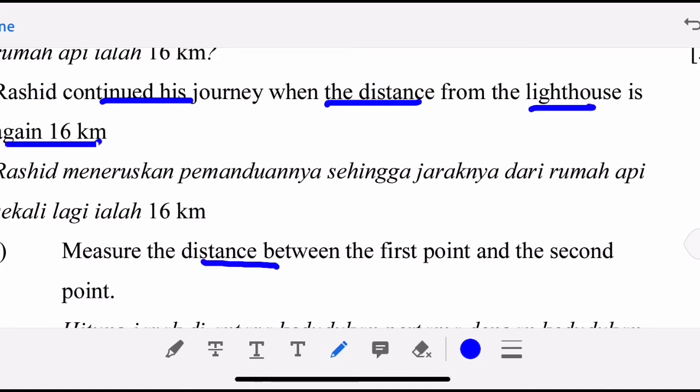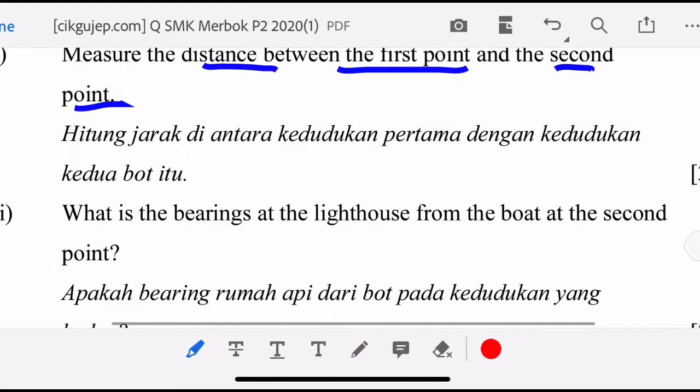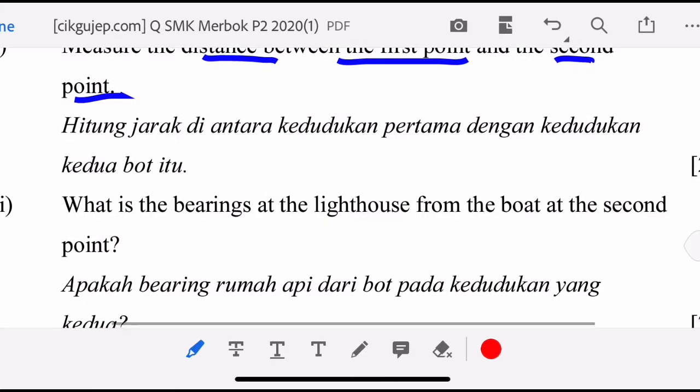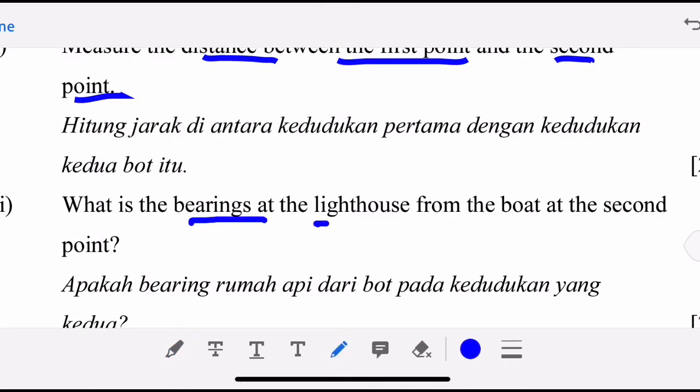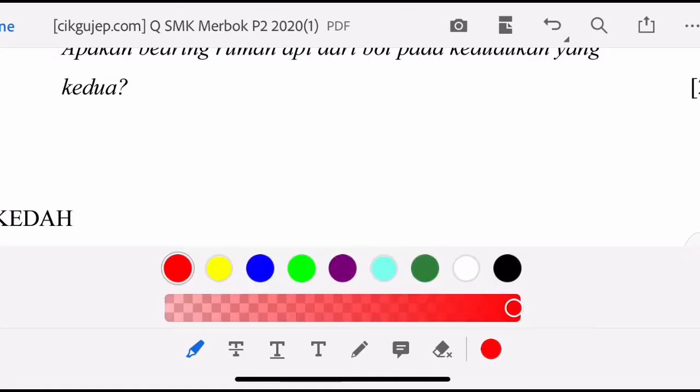Measure the distance between the first point and the second point, and then find the bearing of the lighthouse from the boat at the second point. Okay, we draw again so that you won't be so confused.